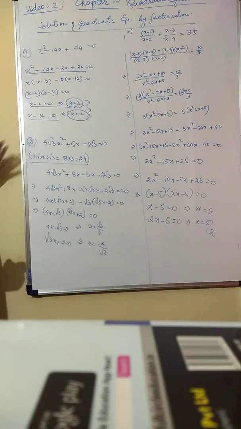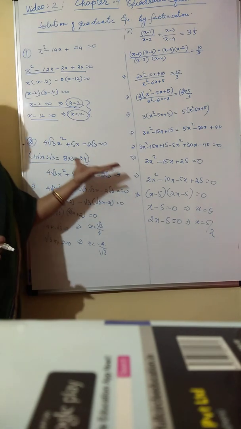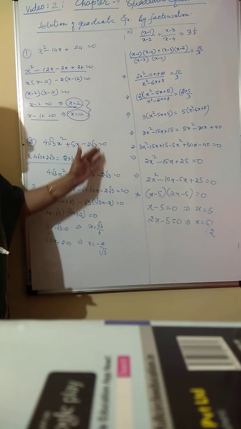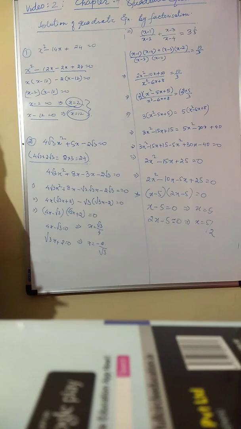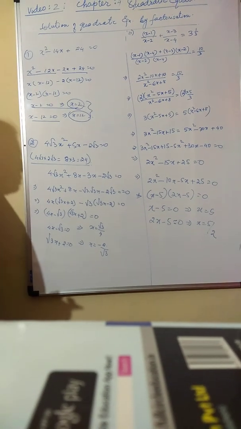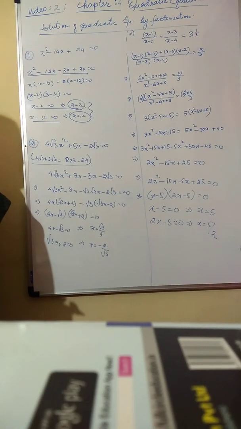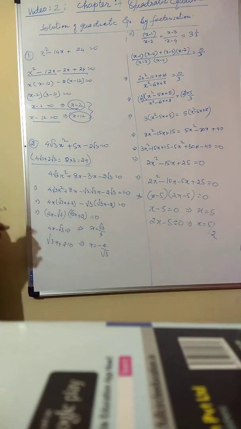Now coming to the next part, because I have taken up a root question, and you see that questions with radicals are always very difficult in general for students, and they always find difficulty in solving these types of questions. So let us not panic.